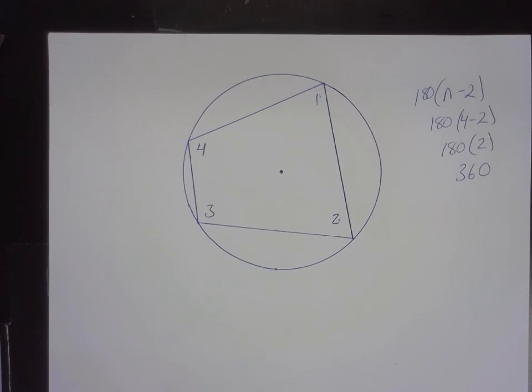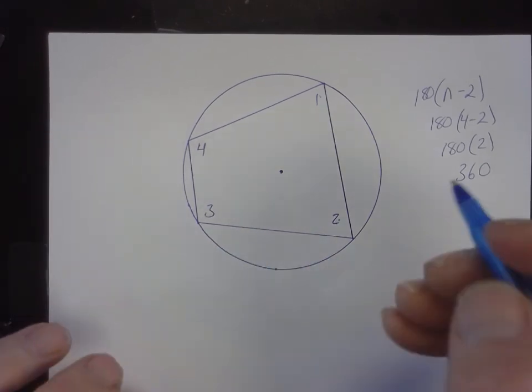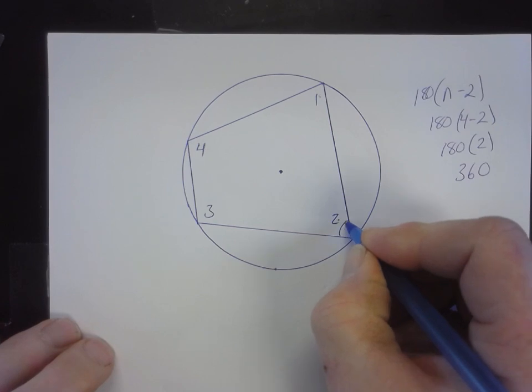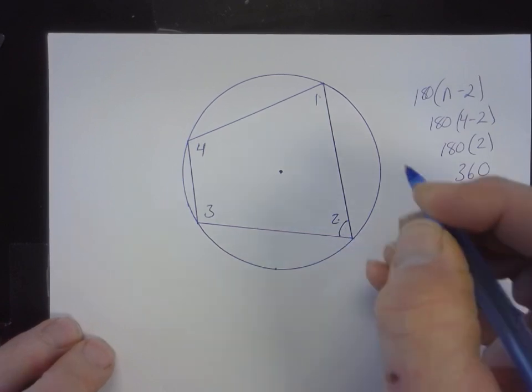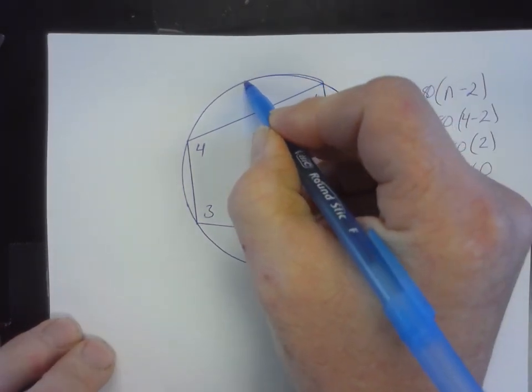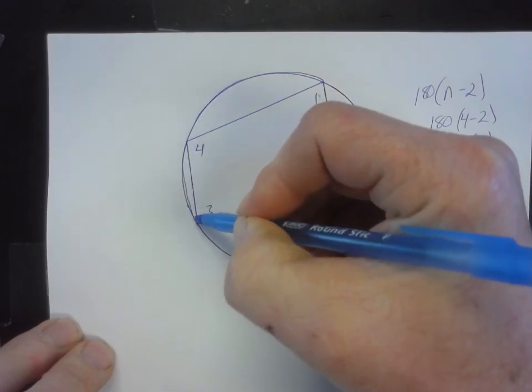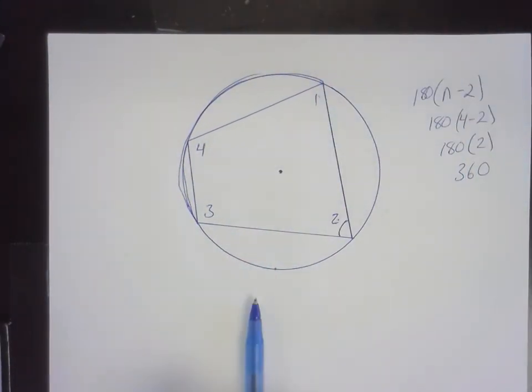Because the arcs intersect each other. Say it louder. They cross over each other, or it goes over. So if we look at angle 2 right here, it intercepts this arc. Here, let me try that again.